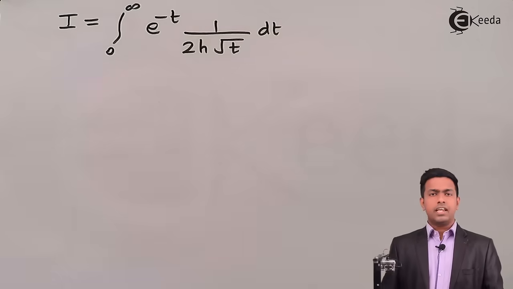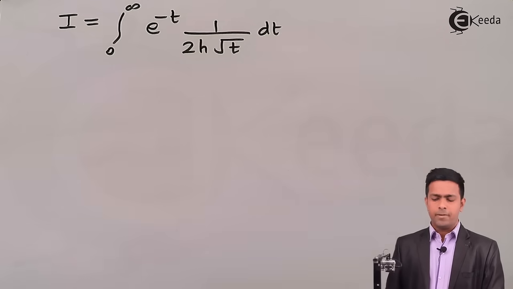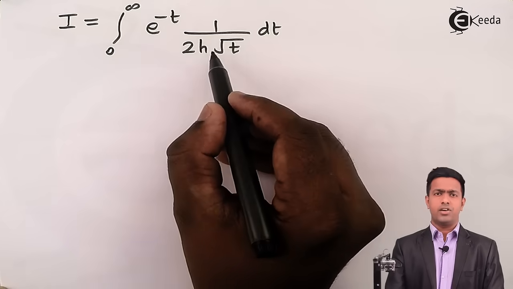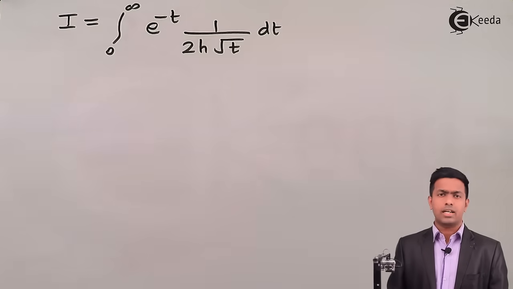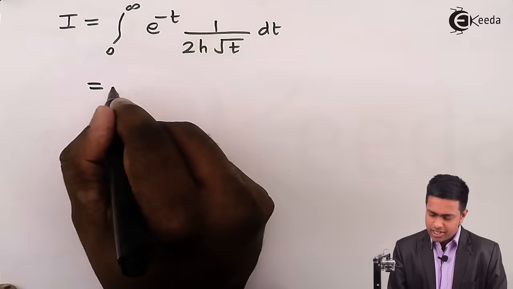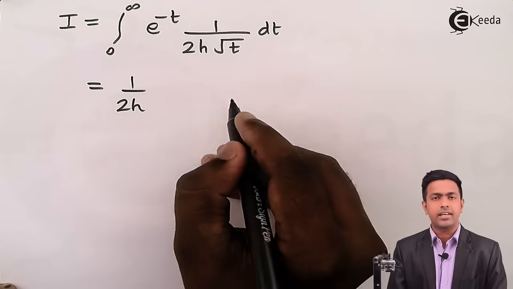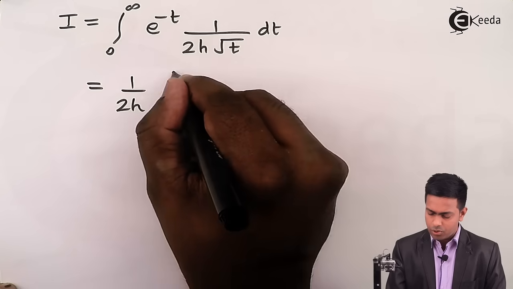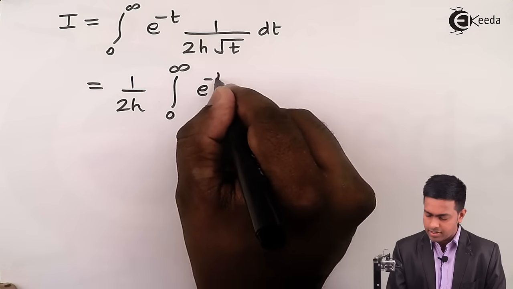After this, let's evaluate the integration with respect to t. So 2 and h are constants, so I can take 1 upon 2h outside the integration. So here we will get 1 by 2h outside the integration, integration from 0 to infinity e raised to minus t.